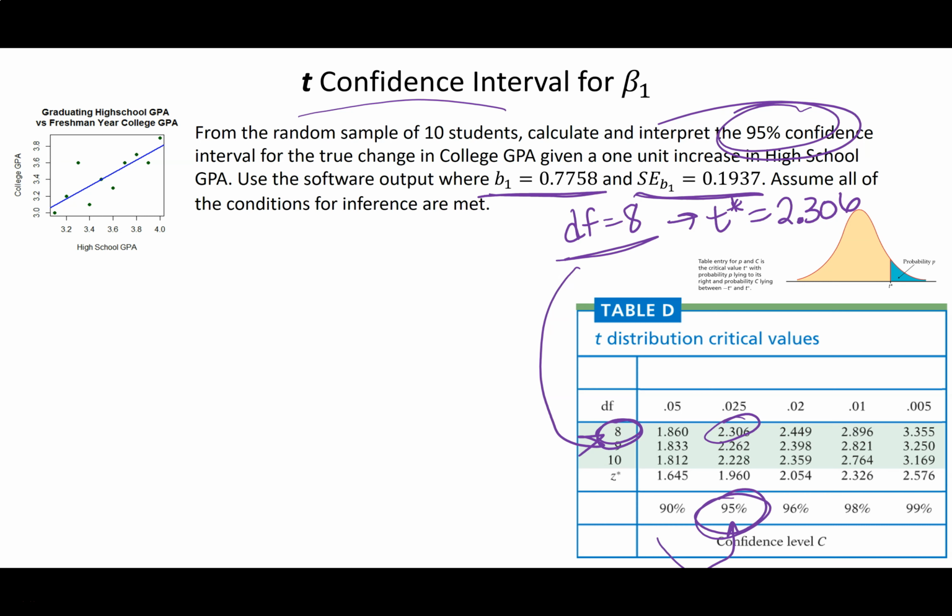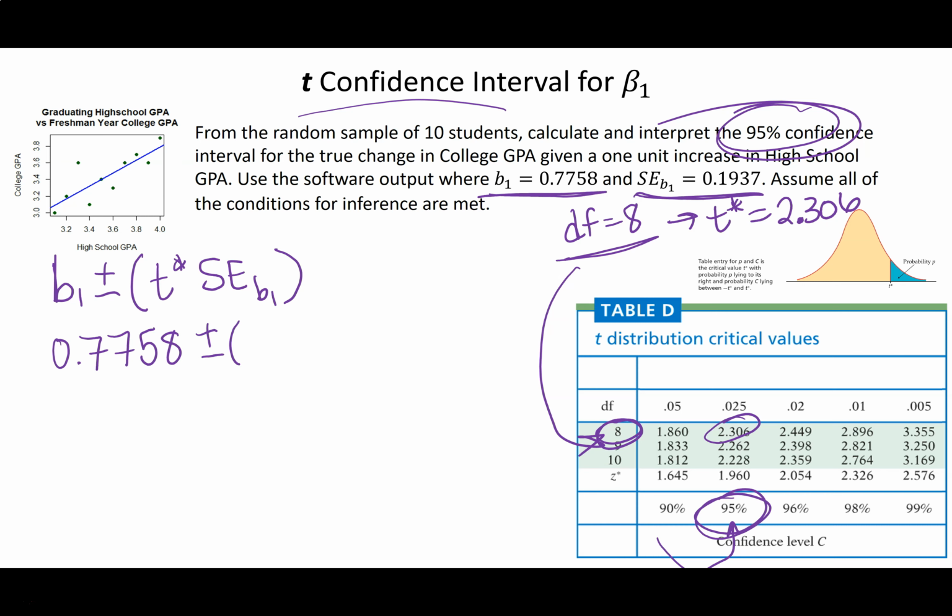So here, I'm going to have B1 plus or minus T star times standard error of B1. So for here, my estimate for the slope was 0.7758 plus or minus 2.306 times my standard error 0.1937.